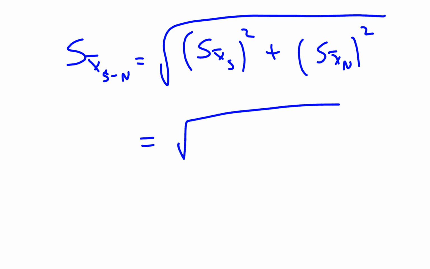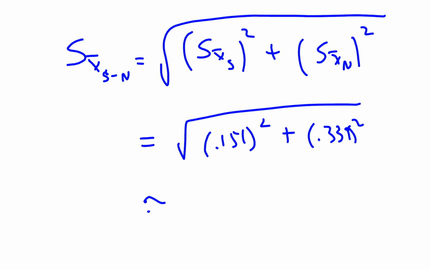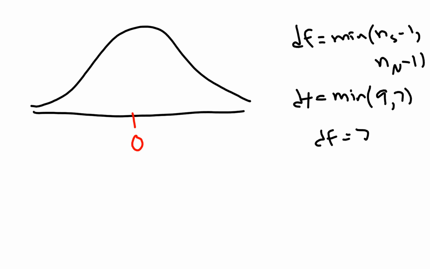So we end up getting the square root of 0.151 squared plus 0.339 squared, and it ends up being about 0.371. So I'm going to go mark that off over here. We'll mark off 0.371. That's one standard deviation above.